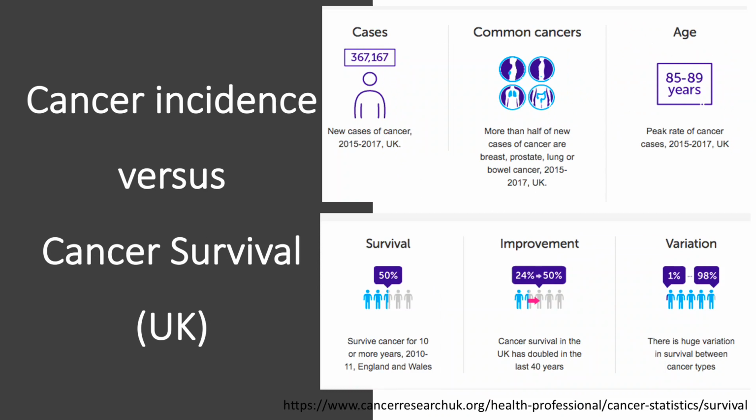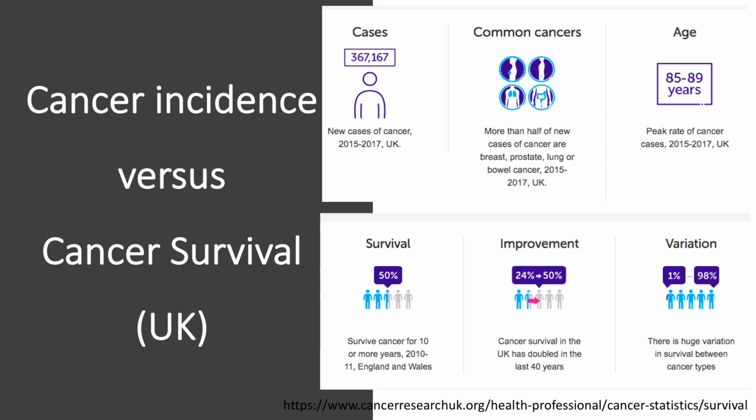What is known, however, especially as humans are concerned, is that if you look at the data, and this is a very useful website, I'd highly recommend you have a look at this, cancerresearchuk.org, where it gives you a lot of stats in terms of incidence versus survival. So what is the frequency of certain types of cancers occurring in the human population?